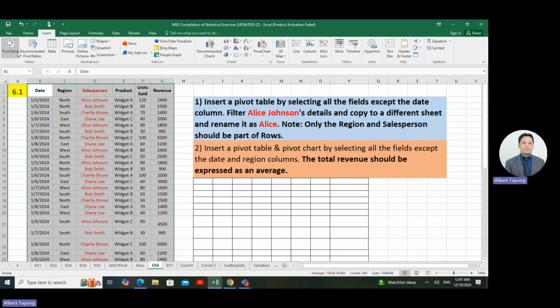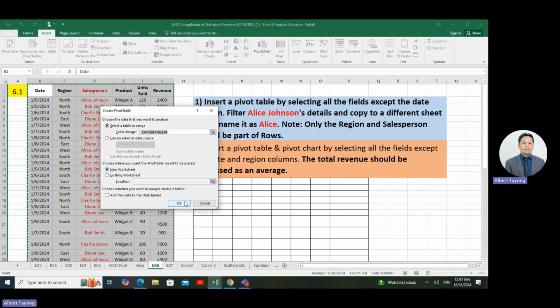This is the pivot table, but if you are going to insert a pivot table and pivot chart, you have to click insert and open this part here. The second one is pivot chart and pivot table.